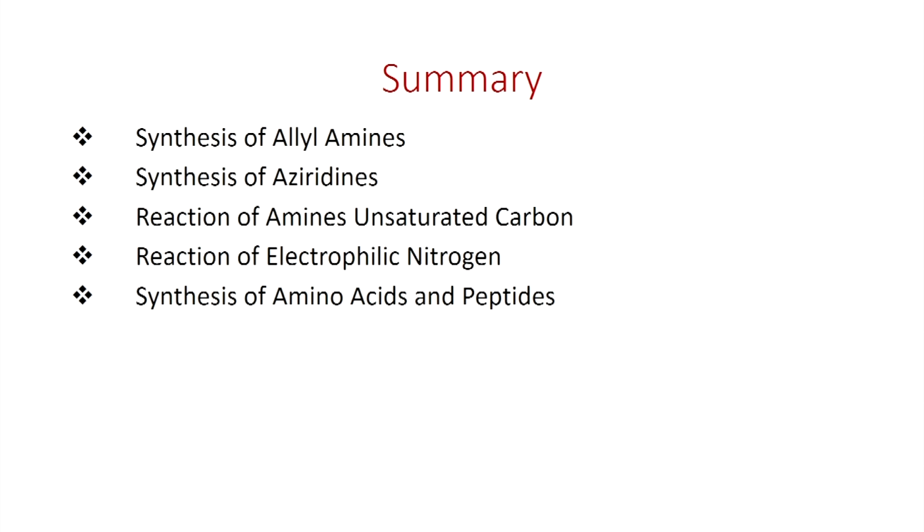Then we have seen the second part, the reactions of electrophilic nitrogen with nucleophilic carbon atoms. We have seen in particular the reactions of the nitrosonium ion and NO2 plus, and some examples. Then we have seen the synthesis of amino acids and peptides. With this we conclude this lecture. Thank you very much.